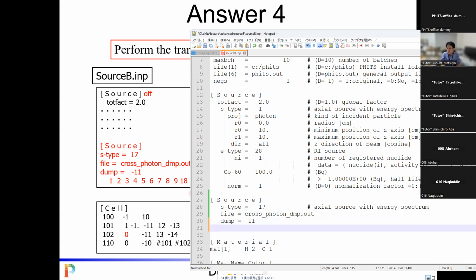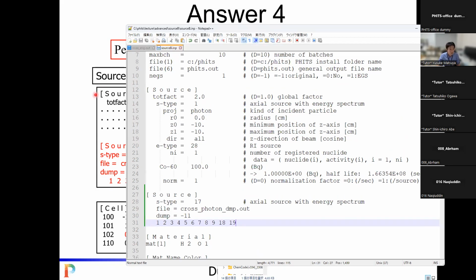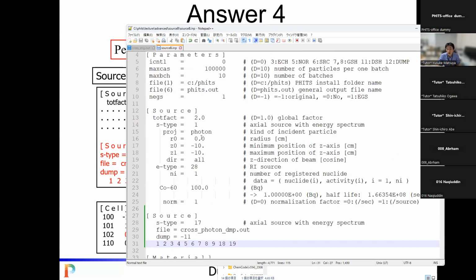And also I have to define the ID numbers of the dump parameter: 1, 2, 3, 4, 5, 6, 7, 8, 9, and 18 and 19. That's all.